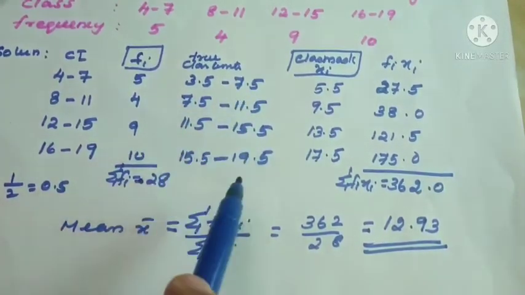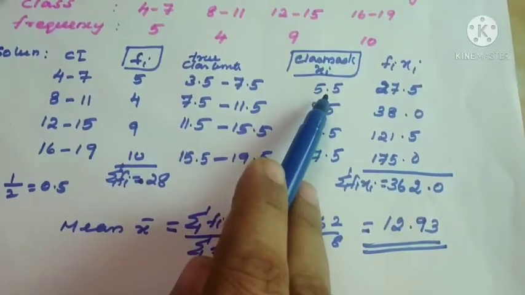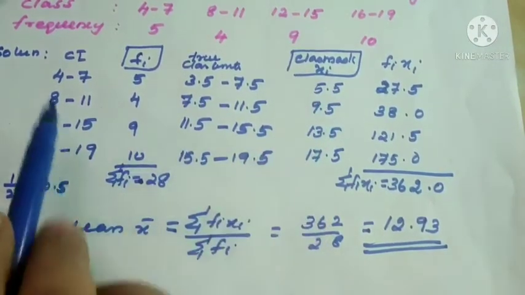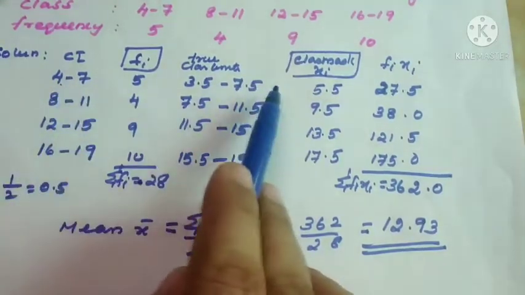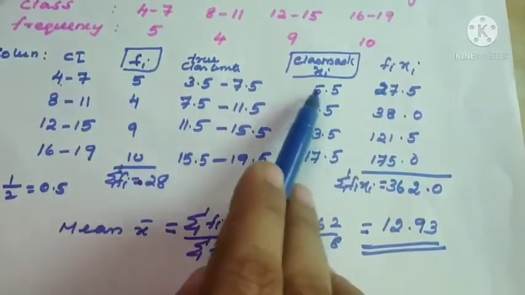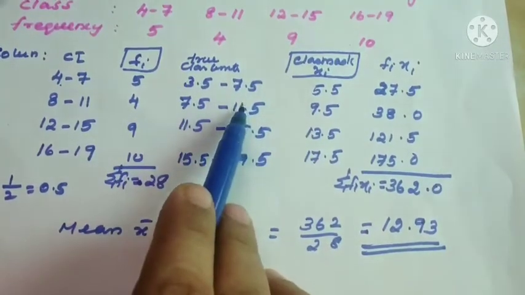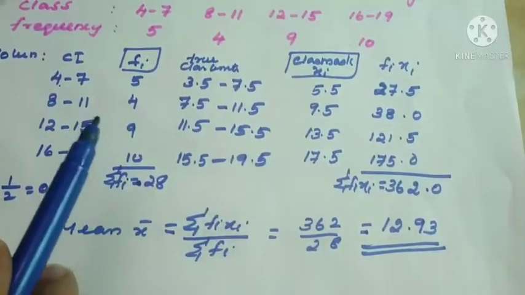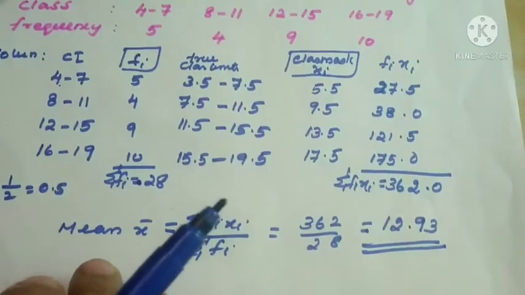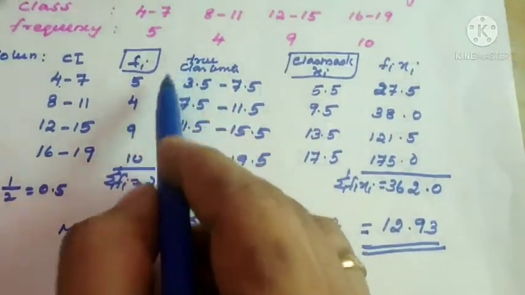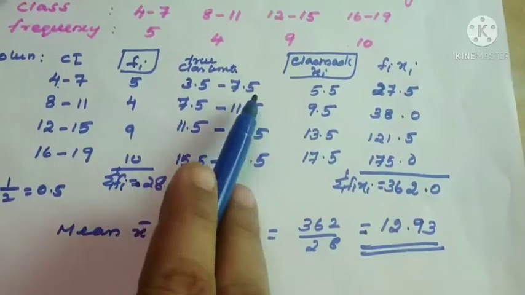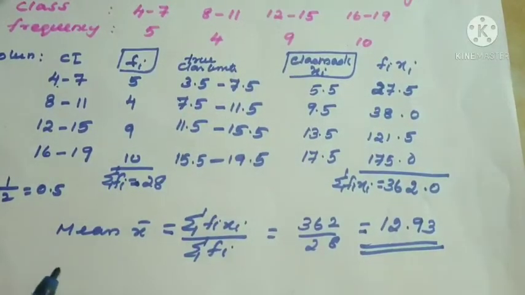So the upper limit is not included, but the class mark is 5.5 only. Here we have 11 divided by 2, that is 5.5. So class mark is the concern for us. There is no change for the class mark, but we have to show the true class limit, because only continuous class intervals we should take.